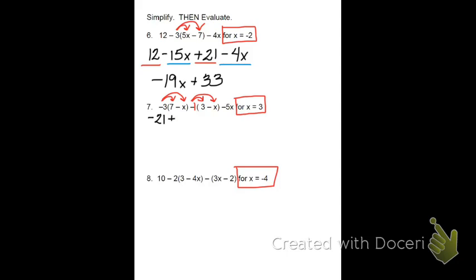And this actually will be a positive 3x minus 3, minus 3 plus x minus 5x. We've got quite a bit of like terms here, 3 x's. So 3x and 1x minus 5x gives you a negative x.